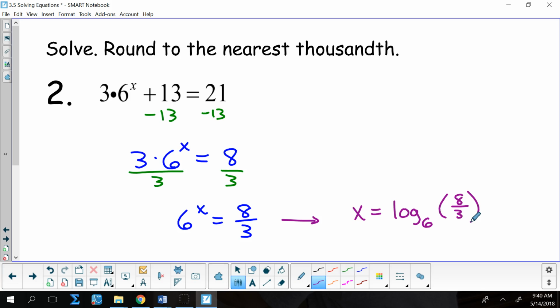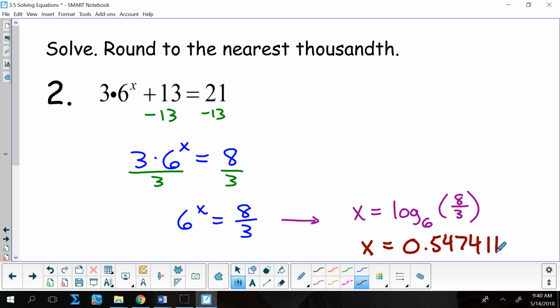That one I can't do because I can't get it in both base 6's. So then we're going to go log of 8/3 divided by log of 6, or natural log of 8/3 divided by natural log of 6, and I get here that x is equal to 0.547411.